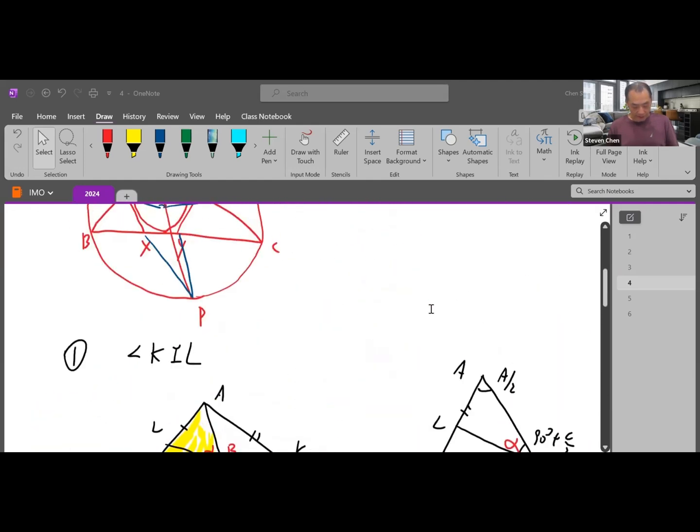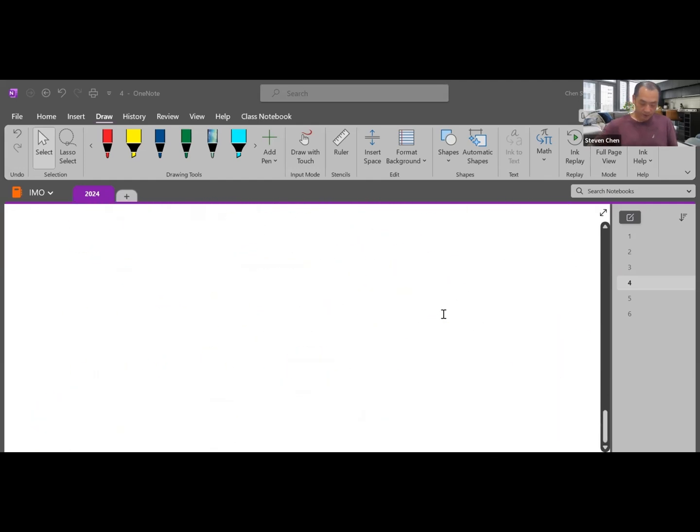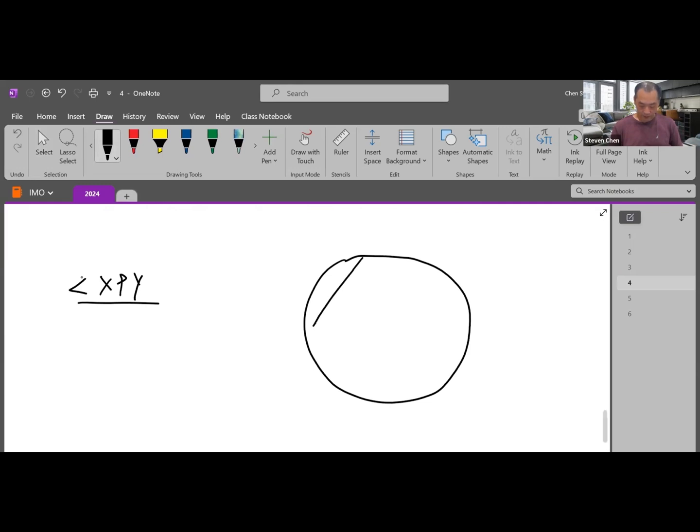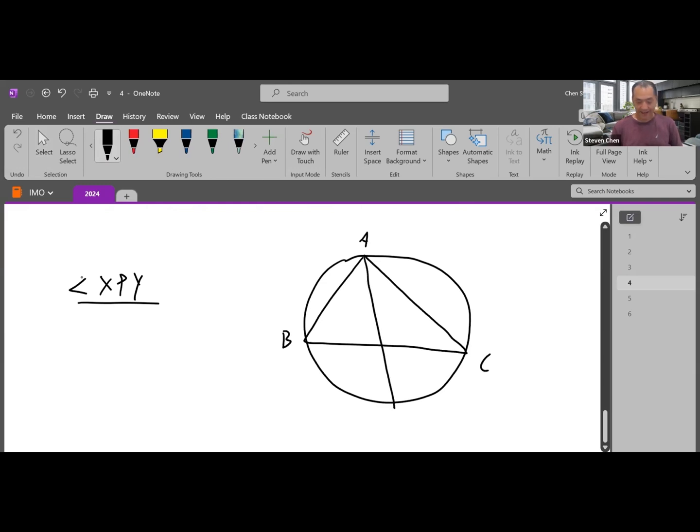So here, angle XPY. Let's see, this is the circle, and here is the angle bisector.